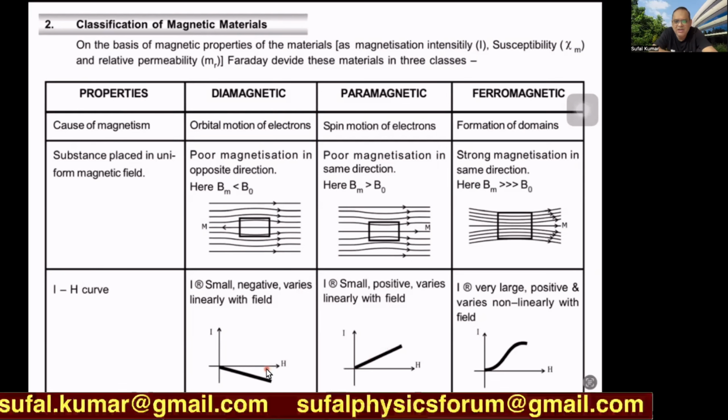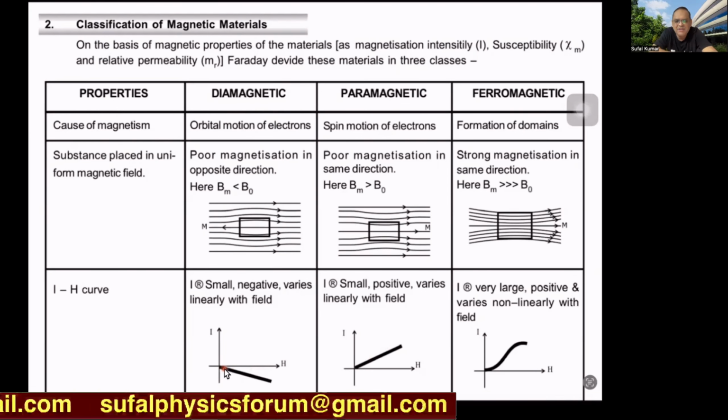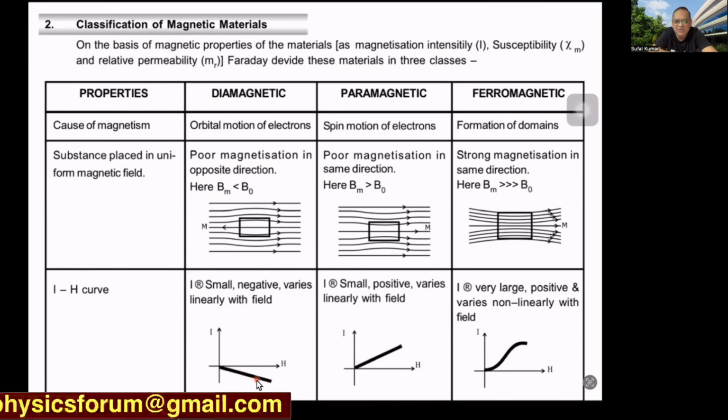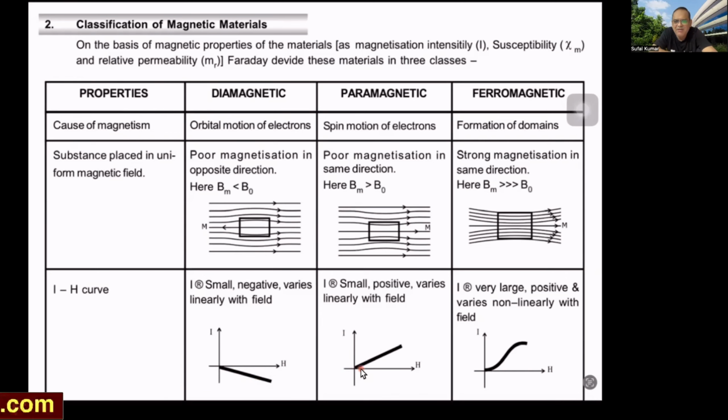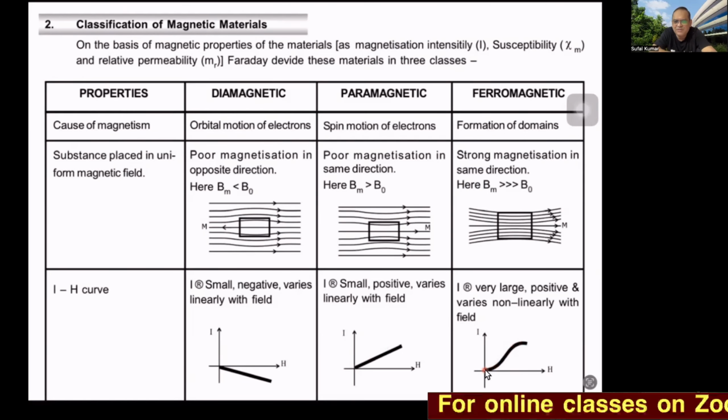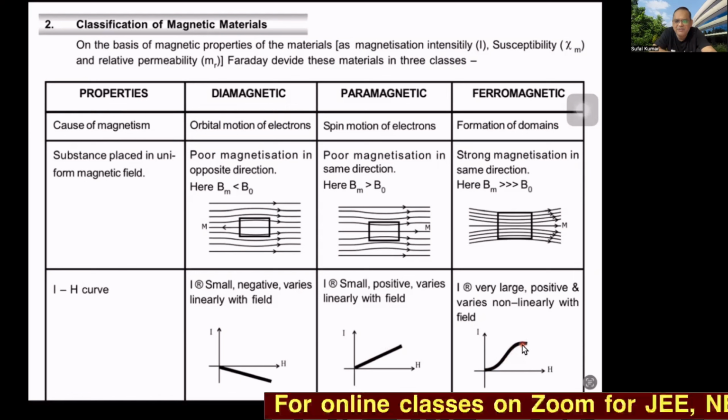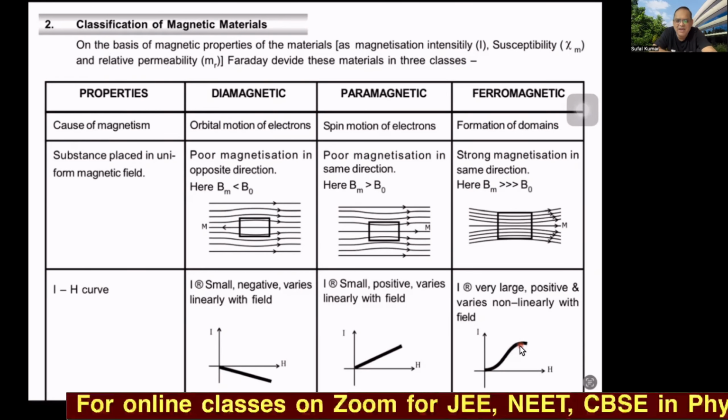What could we conclude? Negative means they behave negatively towards the external magnetic field, whereas paramagnetic behave positively, and ferromagnetic behave exponentially. That means they respond very positively towards the external magnetic field.